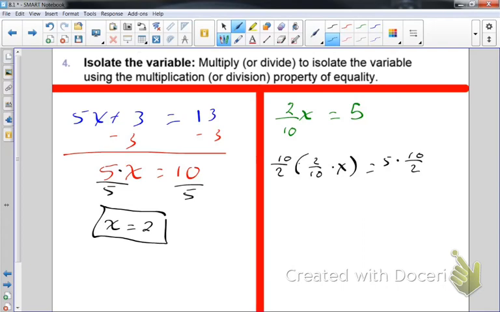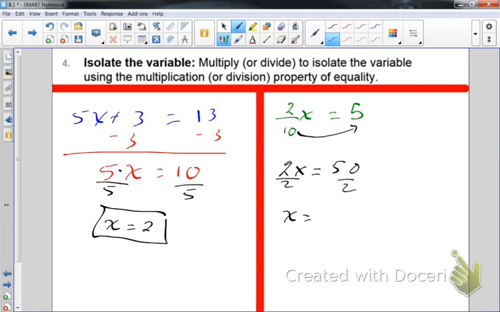Or in my case, this is the way I like to teach this because it's easier to remember. Now I get to multiply the 10 to the other side, so I end up with 2x is equal to 50. Then I divide both sides by 2, and I get that x is equal to 25. Either way, it doesn't matter. The objective was to isolate the variable, and that's what you did.